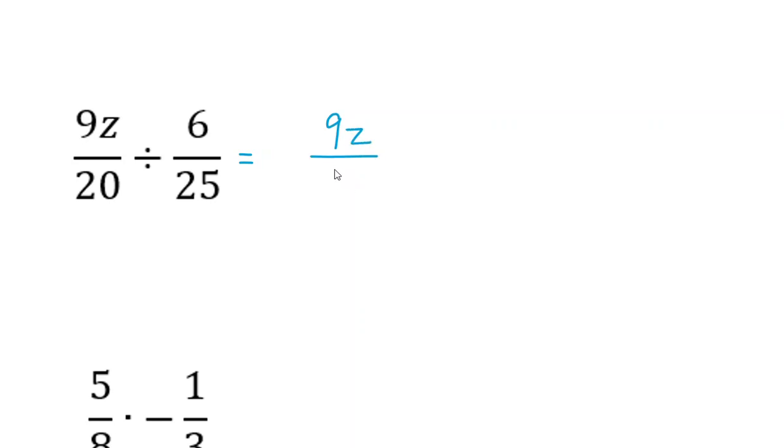Okay, 9z over 20. A couple more examples here. Divided by 6/25 is the same as times 25/6. That's 3 times 3 times z. Be real careful with your z. Make sure you can see what it is. Times, oops, I meant to say 25 is 5 times 5.